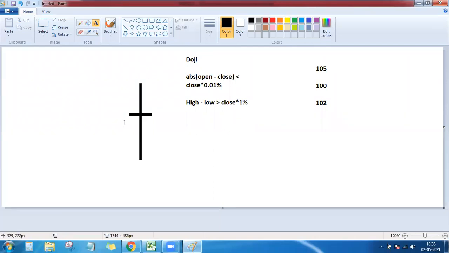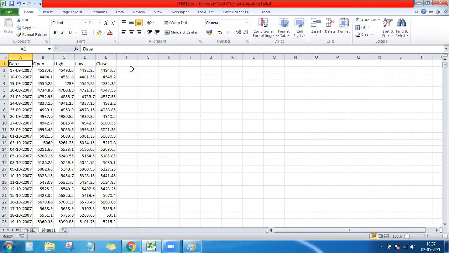So unless a stock doesn't make a 1% movement in between high and low, there's no point in selecting that stock for trading. So first is the body should be very low. There should be a minimal distance, and the range of the candle should be greater than 1% multiplied by the close. Let us now apply these formulas in Excel.